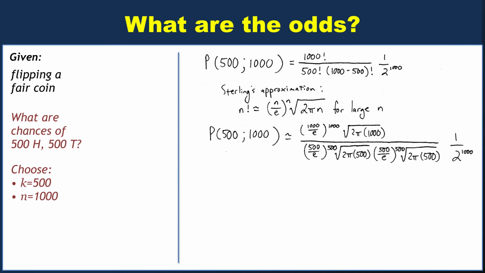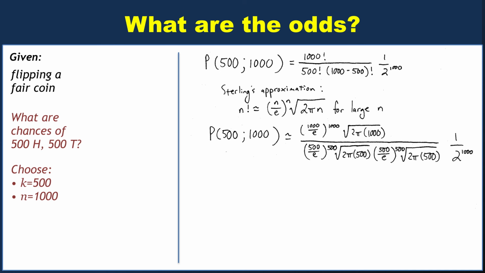Okay, so how does this help? Well, maybe you can see how it helps. One way is that those 500 over e to the 500 power, two of those in the denominator, you can combine because both of those things raised to the 500 power have the same base. The base is 500 over e. So what does that mean when you multiply them? That means that you just add the exponents. So that's really nice.